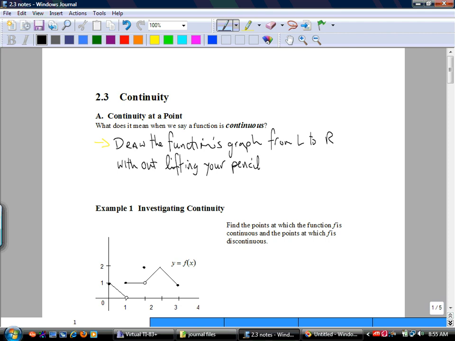It's really all we're going to talk about today. Can you draw the function's graph without lifting your pencil? We're going to talk about that.